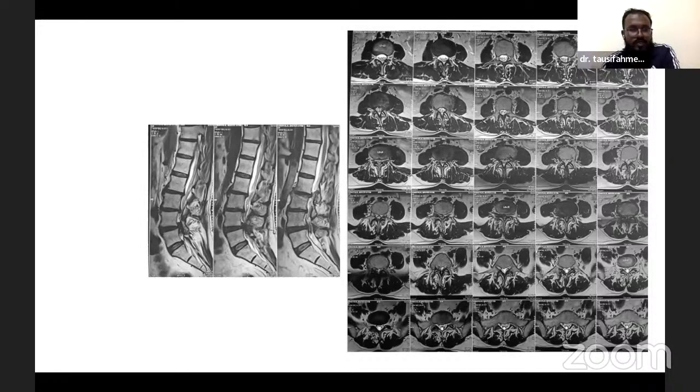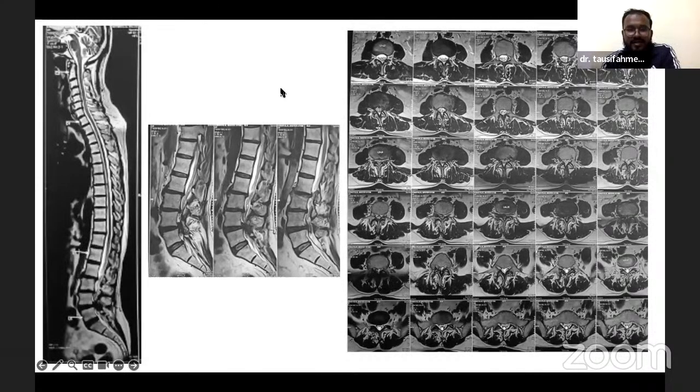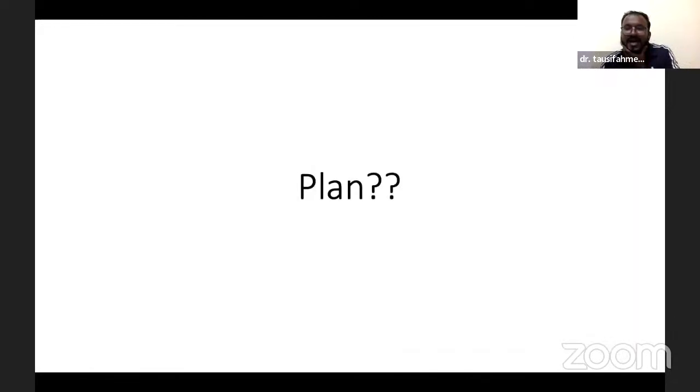Before that, we should not miss the whole spine sequence to look for a higher level stenosis, and as correctly planned by Aditya sir, that is the plan for this case.